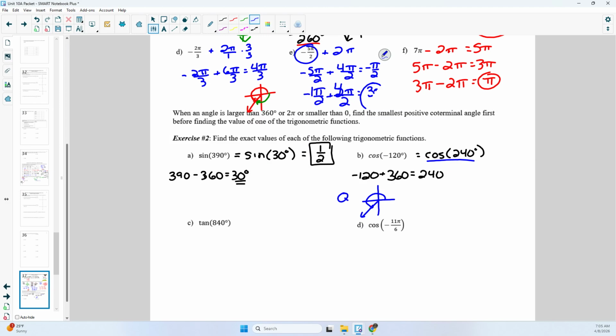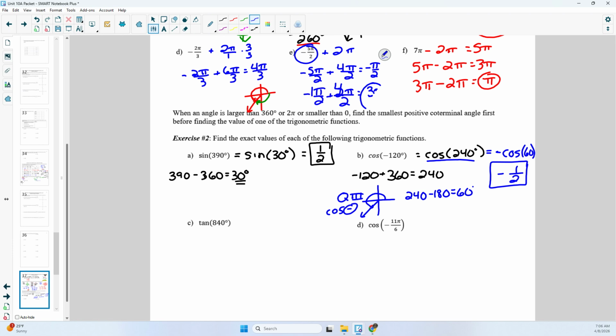In quadrant 3, cosine is negative. The reference angle for 240, how far away am I from the x-axis, is 60. So this is equal to the negative cosine of 60. Cosine of 60 from my chart is 1/2. So my answer is negative 1/2.